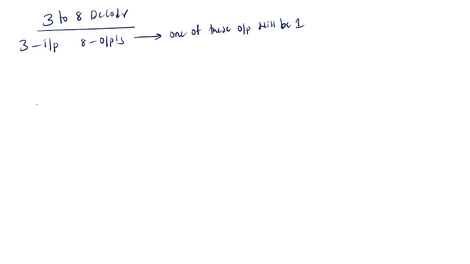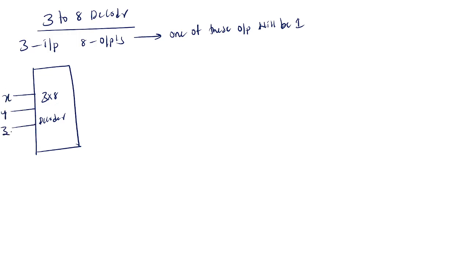So if you see the block diagram, this is a 3 to 8 decoder. How many inputs? 3 inputs. Let us take the inputs as X, Y, and Z, and the outputs are 8 outputs: 0, 1, 2, 3, 4, 5, 6, 7.